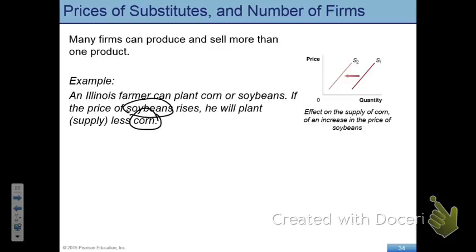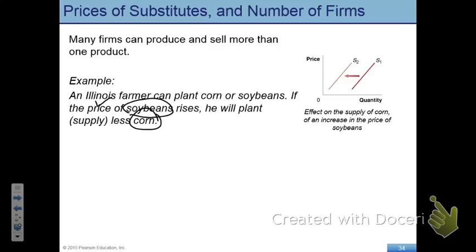Okay? In production. So the idea is simple. When you have an increase in the price of soybean, right? So the price of soybean is rising. So our producer is seeing that soybean is making him more profit, right?